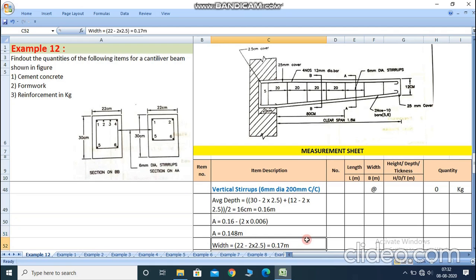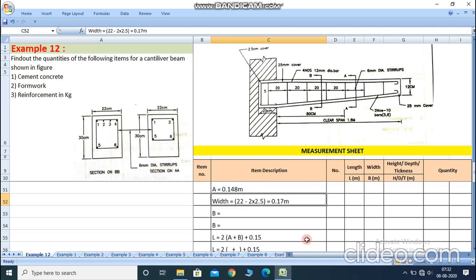Similarly, width is 22 centimeter. This width 22 centimeter minus 2 times cover here and here. So 2 multiplied by 0.025, and 22 centimeter converted to meter is 0.22.